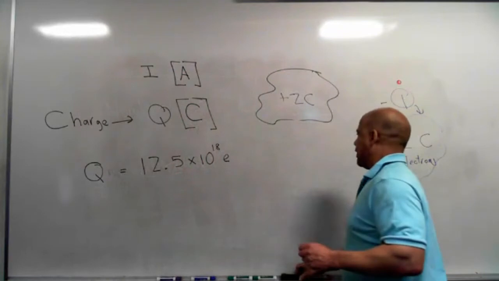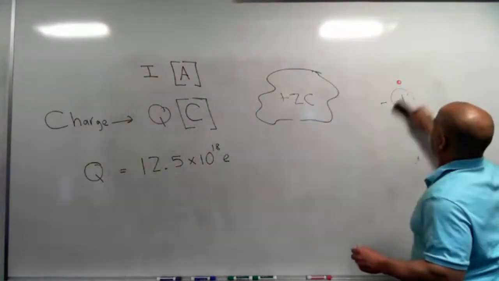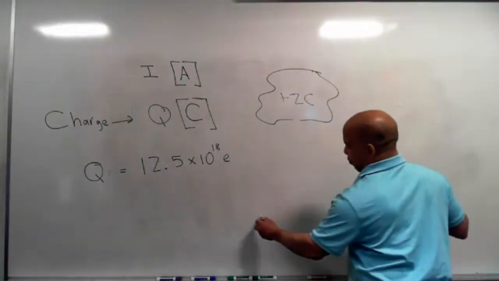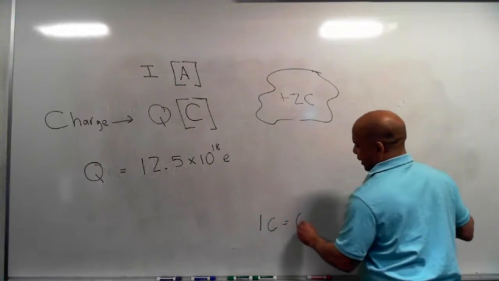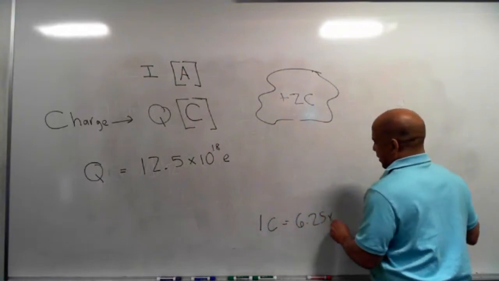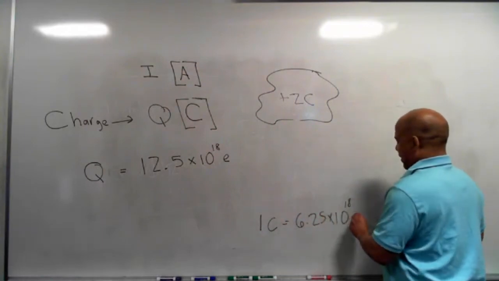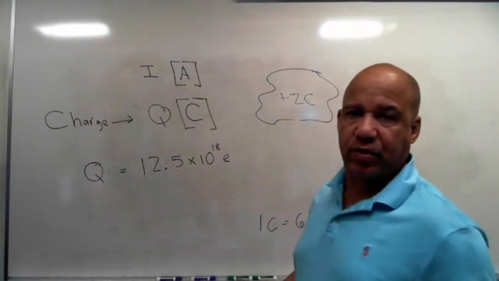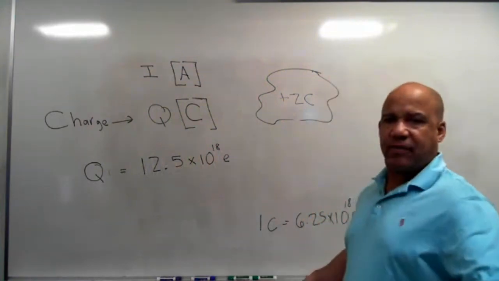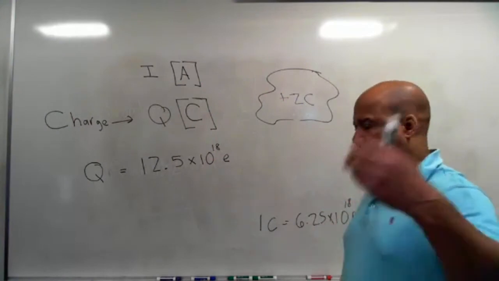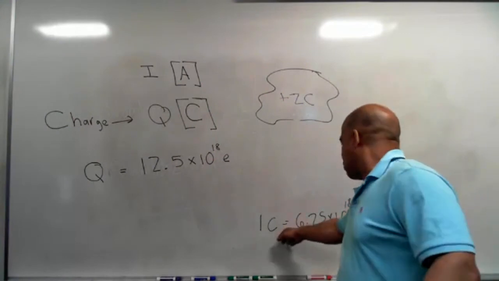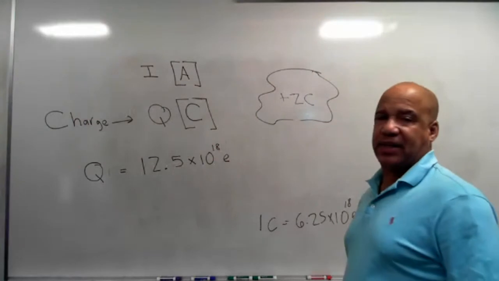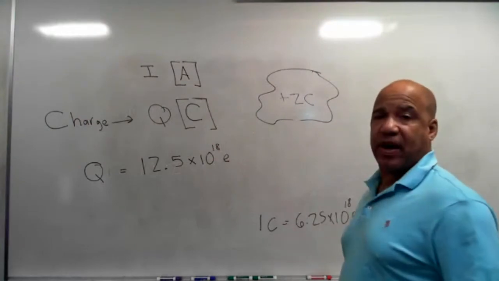Now the way I do this is I know that 1 coulomb is the same as 6.25 times 10 to the 18 electrons. Well, in chemistry, they teach you how to use what they call conversion factors. It's like 1 foot is 12 inches, or 3 feet is a yard. 1 coulomb is 6.25 times 10 to the 18 electrons. That's what they call a conversion factor.